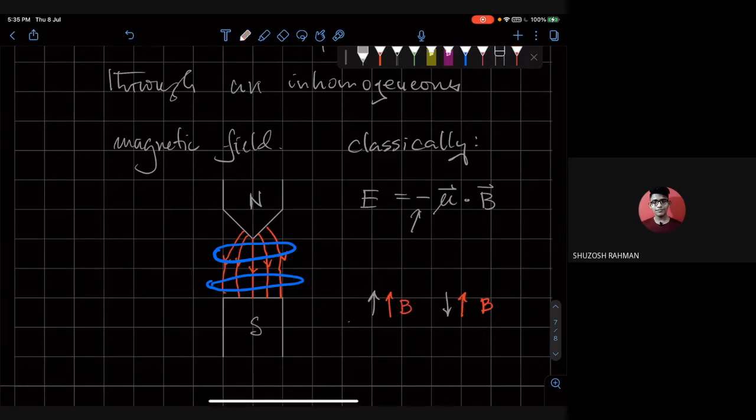When they're anti-parallel, the dot product gives a minus sign, and therefore the energy becomes positive. When they're parallel, the energy remains negative.